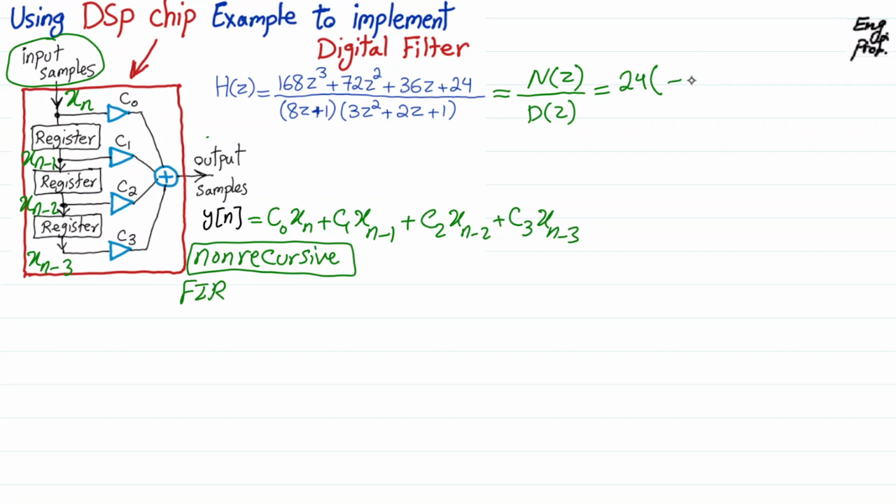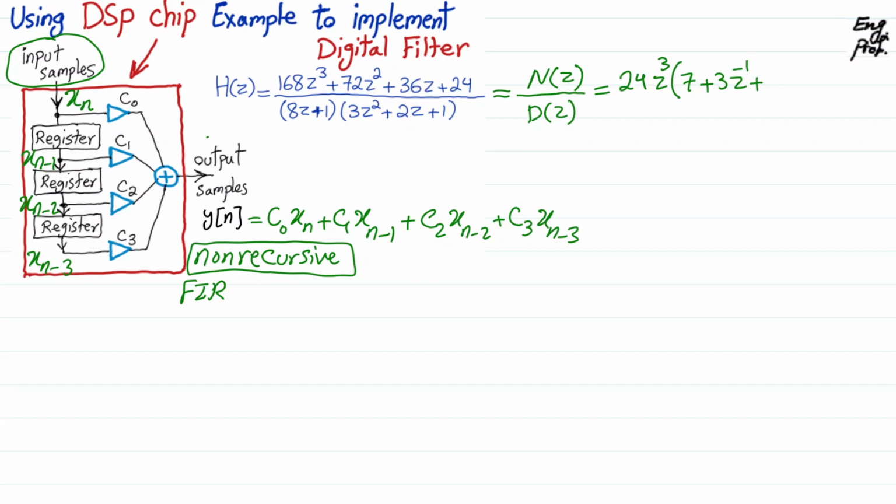And then let's also factor out z cubed. So 24z cubed factored out, and you end up with 7 plus 3z^-1, because 72 divided by 24 is 3, and z to the power 3 is factored out.